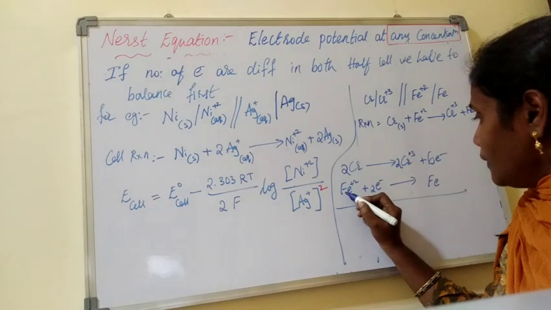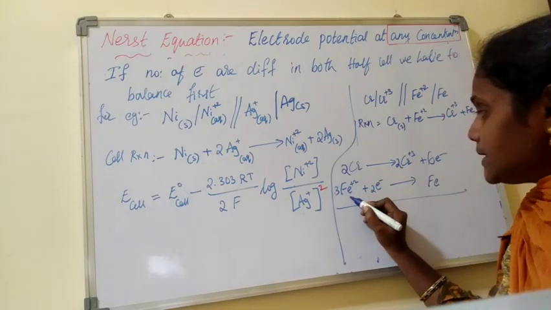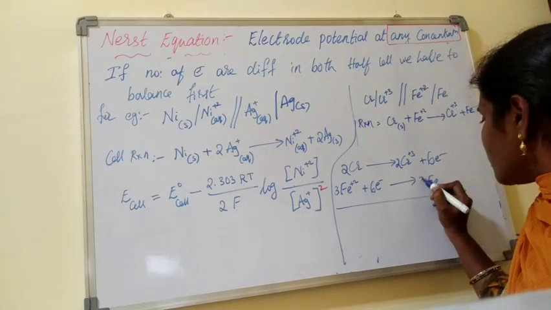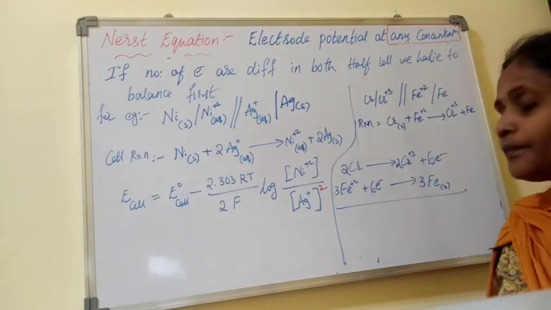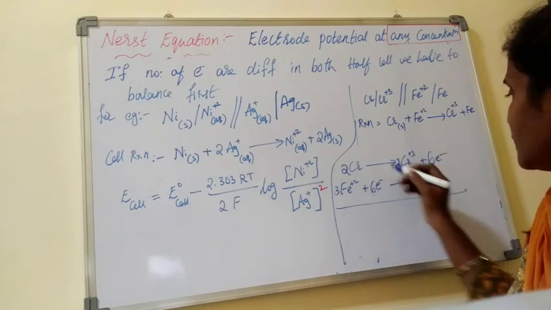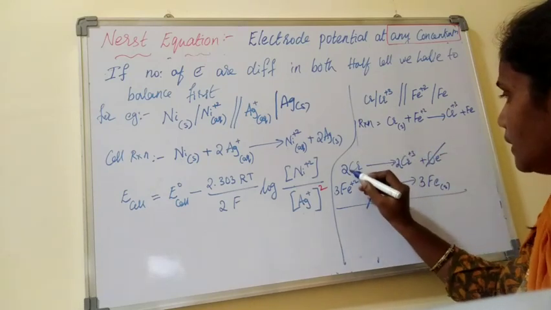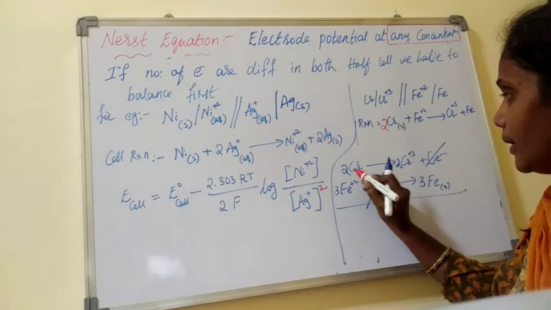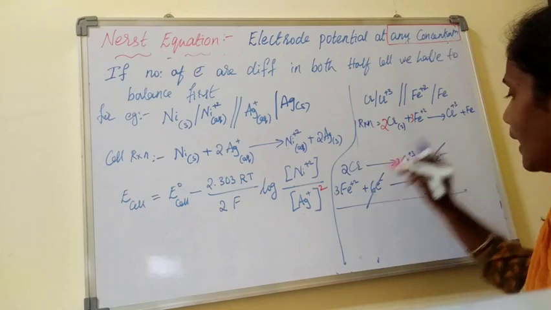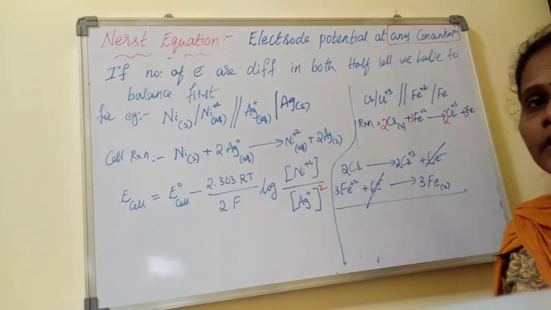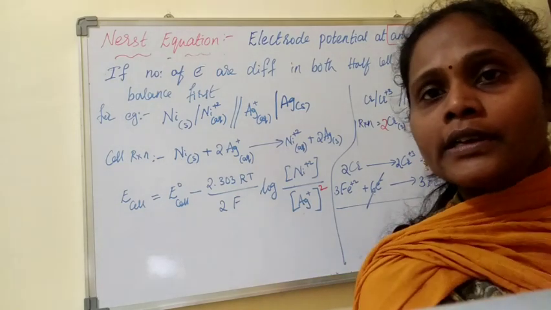Then I will write here that 3 such iron ions accept 6 electrons to convert into 3 iron atoms. Therefore, my whole reaction will be, here the 6 will get cancelled. So 2 chromium and 3 iron, so my moles will change here. 2 chromium, 3 iron. Isn't it? So the number of moles has changed.